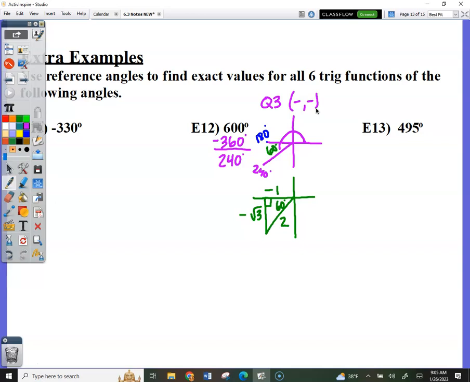Okay, and then now you would find your 6 trig functions of 60 in quadrant 3. So you got sine 60, cosine 60, tan 60, then you got cosecant.